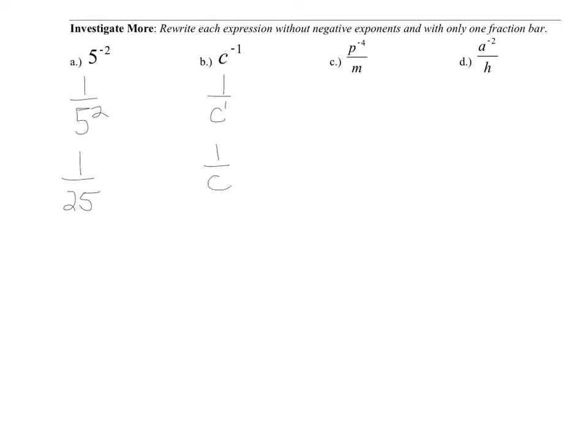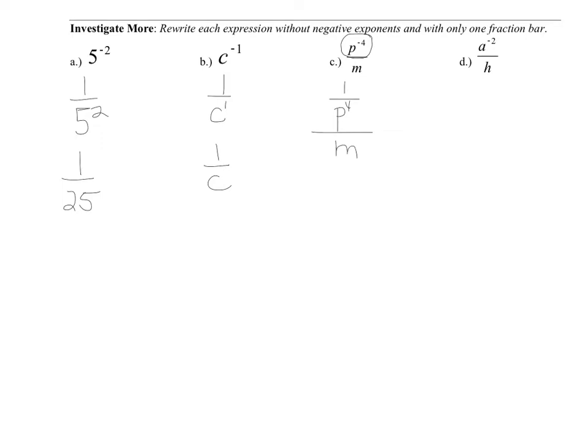Now, let's take a look at a fraction with a negative exponent in it. Let's look at p to the negative fourth over m. P to the negative fourth is the same as saying 1 over p to the positive fourth, right? Well, now it's being divided by m.